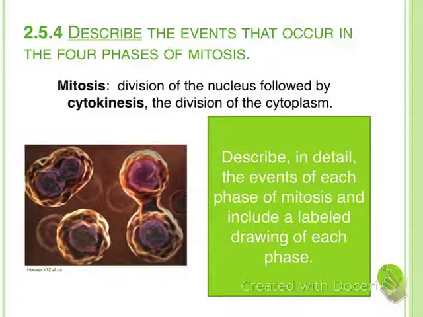So technically at the end of mitosis you still have 1 cell, but it has 2 identical nuclei within it. This process is then followed by cytokinesis, which is the actual physical division of the cell, of the cytoplasm. So please keep that straight in your definition, that we don't have 2 cells until cytokinesis has occurred.